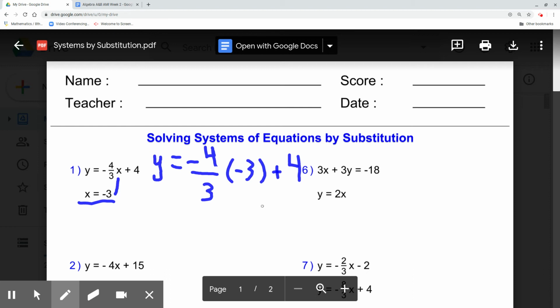That way you guys can see the multiplication answer and then what the addition answer is. So when you multiply negative 4/3 times negative 3, your answer is a positive 4. So my first step after this is going to give me y is equal to 4 plus 4, which is simple addition that you guys can do in your head. 4 plus 4 is equal to 8.